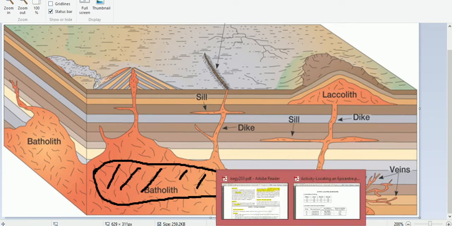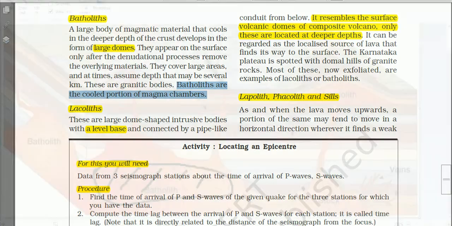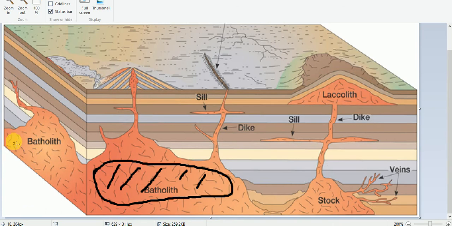As mentioned here, these batholiths are the cool portion of magma chambers. Magma chamber means that layer, that chamber, filled with magma, that is the hot molten material. Most of the time it takes the shape of a large dome, and this is another batholith.